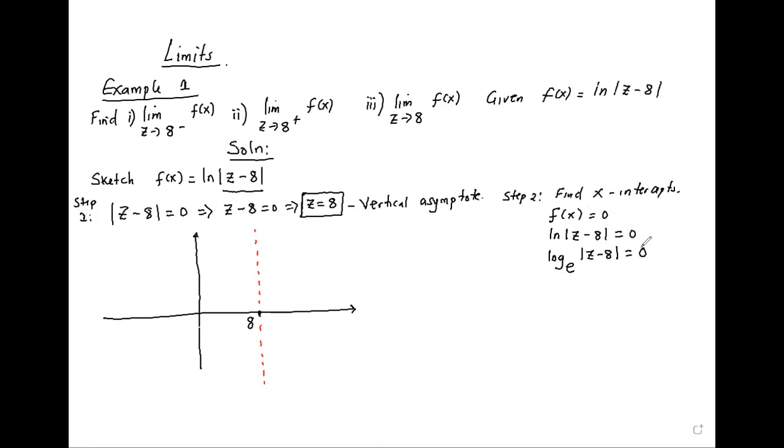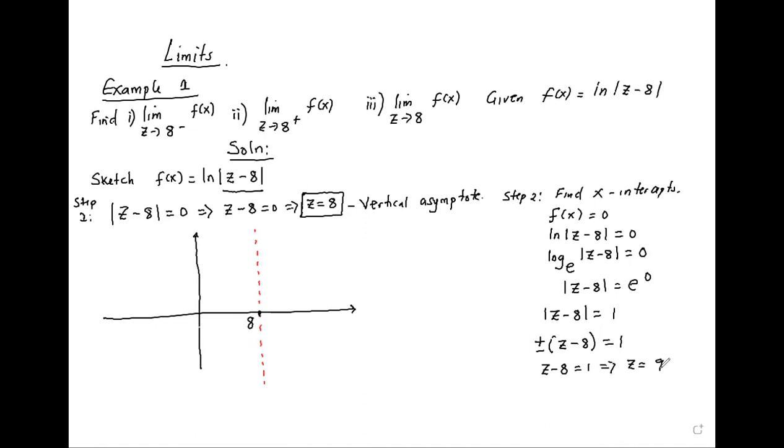Every time you find yourself solving log equations, you convert them from logs to exponential. How do we convert? We have z minus 8 absolute is equal to e to the 0. So we get z minus 8 absolute is equal to 1. How do we remove the absolute? For the sake of the equation, we just do plus or minus: z minus 8 is equal to 1. So we have plus, z minus 8 is 1, giving us z is equal to 9.